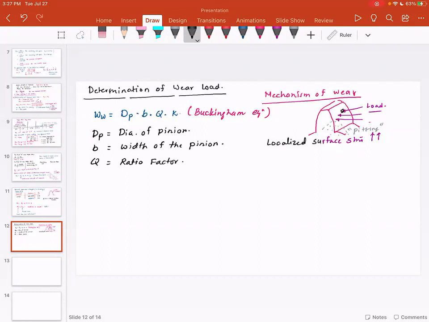This ratio factor is given as 2 times velocity ratio divided by velocity ratio plus 1, which is nothing but 2 times TG divided by TG plus TP for external gears.